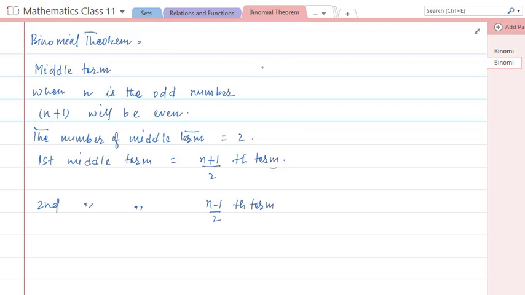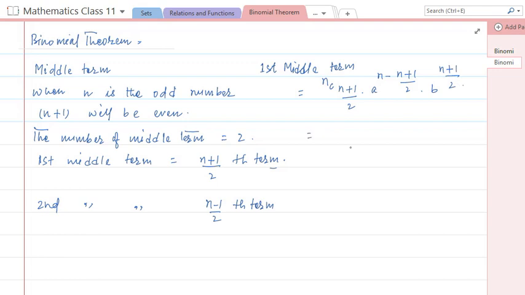The expression of the first middle term here will be, so we recall the expression nC(n plus 1)/2 into a^(n minus (n plus 1)/2) into b^((n plus 1)/2).